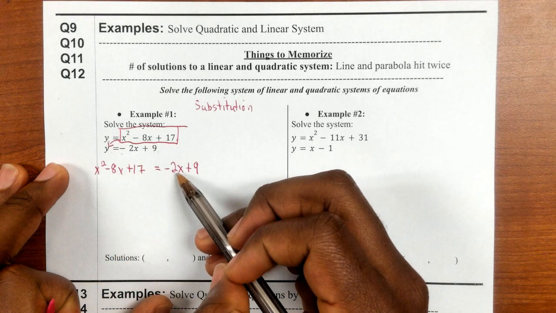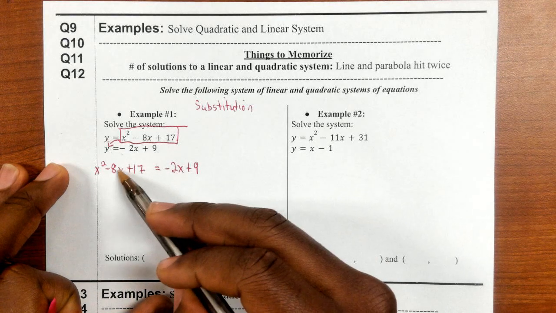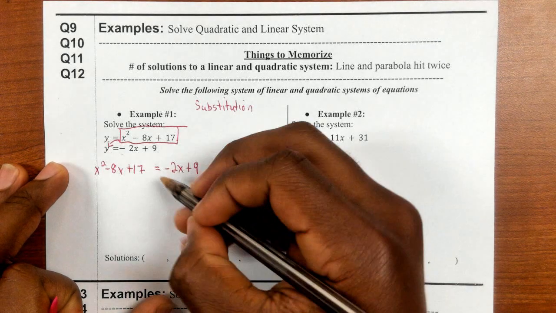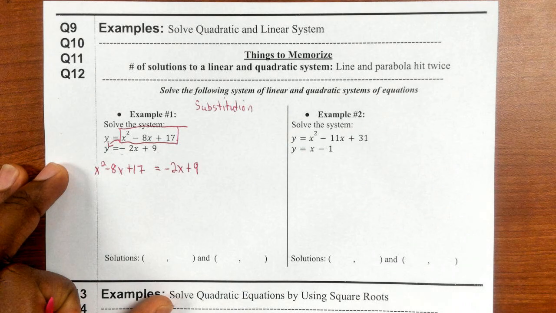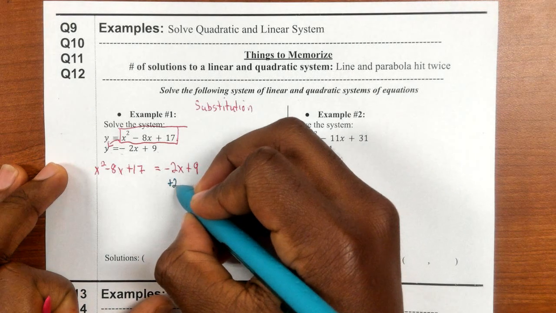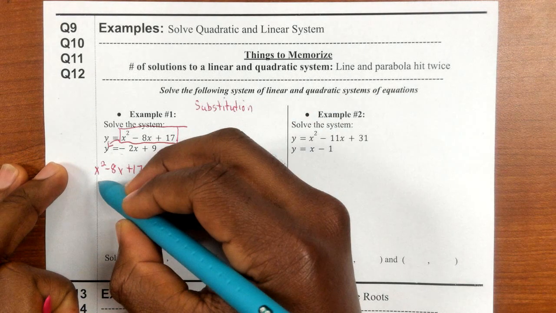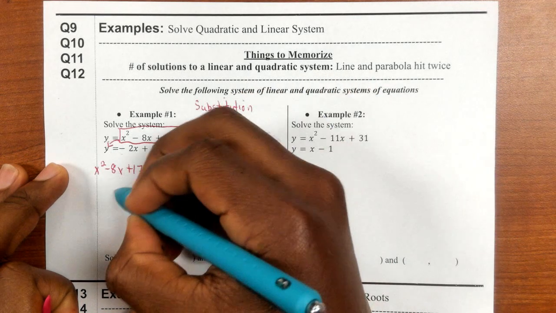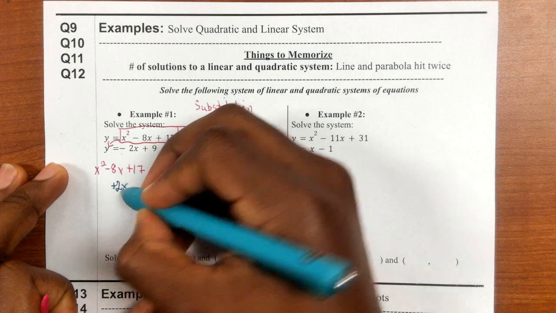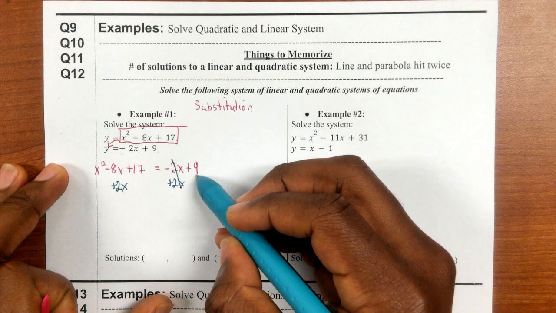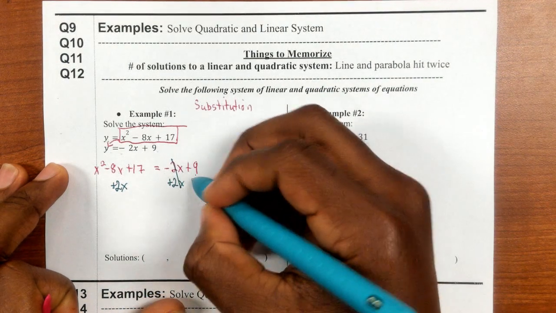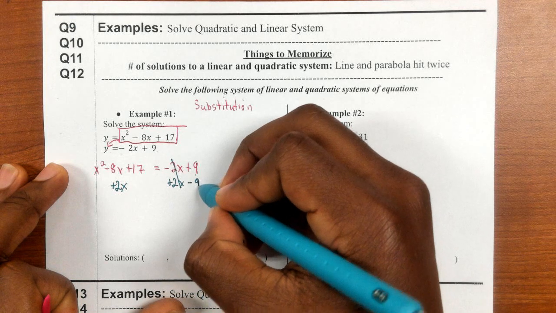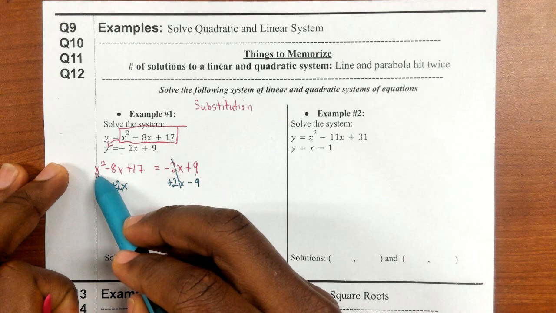Now we're going to try to move everything to the same side. So to move everything to the same side, I would first need to add 2x to both sides. Am I going to add it to x squared? No. Negative 8x? Yes, because that's the like term. And then how do I move a negative 9 to the other side? By subtracting 9. Am I going to subtract it from x squared?